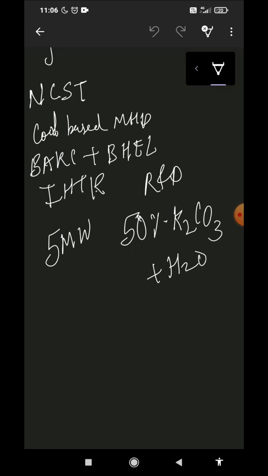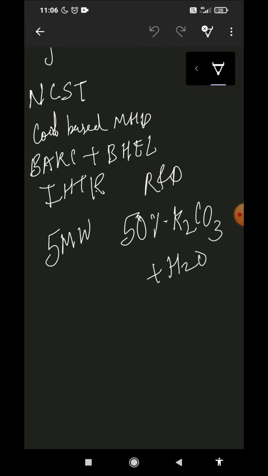Then we have seen the magnetic field strength, that is, the power output of an MHD generator is directly proportional to the magnetic field strength squared, B square. A stronger magnetic field is desired for more power output, but we have some limitations in getting a higher magnetic field.